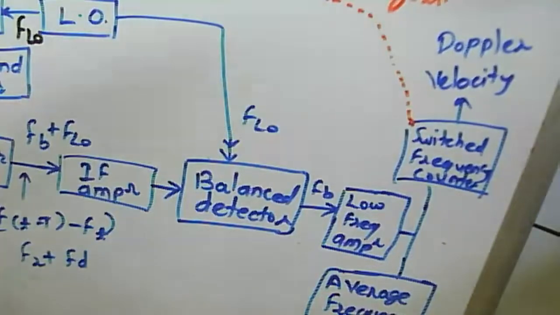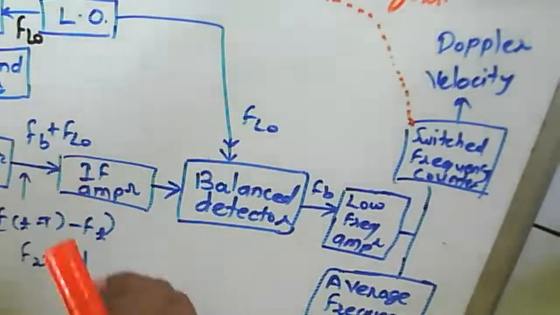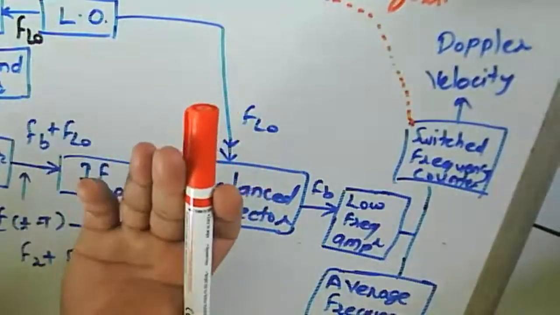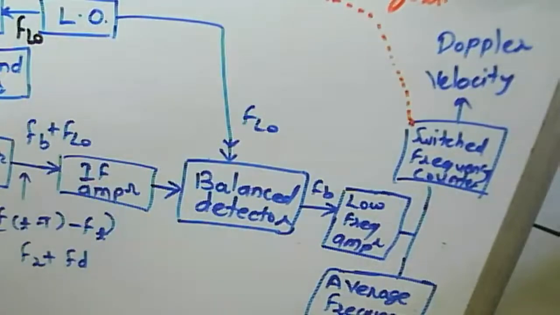In the case of a short range, if the level of the signal is large, we can consider that the range, that is the height, will be small. If the height is smaller, in that case the signal level will be large, means a strong signal we are getting. If it is a long range, then in that case we are supposed to get a weak signal.